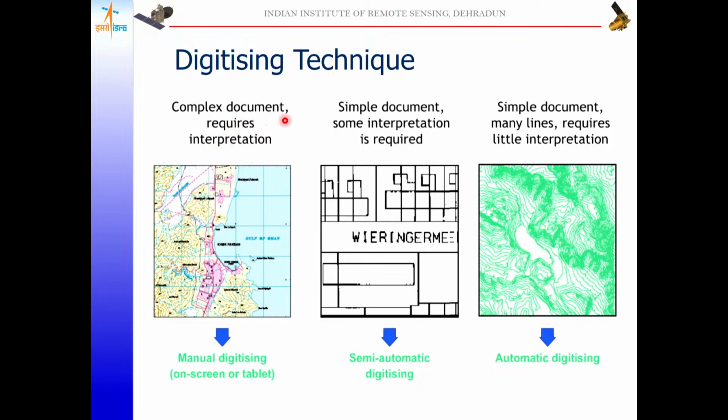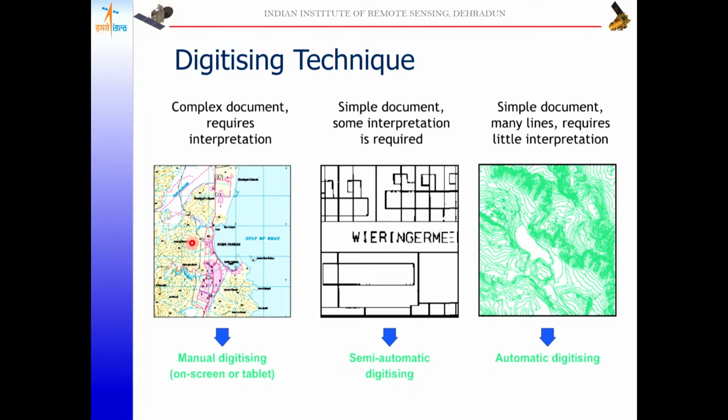Then there is a complex document, for example, a typical topo sheet. I don't know how many of you have seen the topo sheet. Topo sheet basically has a lot of information. It has settlement information, river body information, land cover classes, contour lines, sea, rivers, lakes, roads, railway lines. A lot of information is present in a topo sheet.